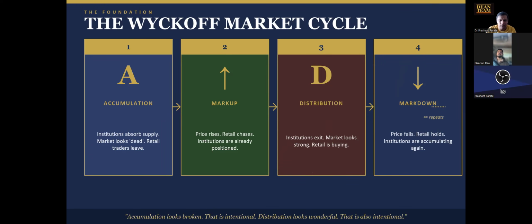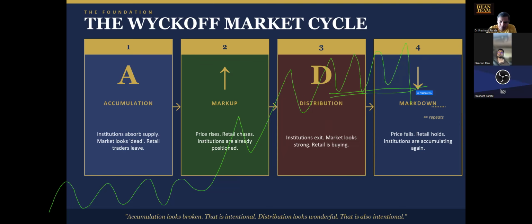Okay. So at the time of distribution, there will be very good news and climatic action where people will sell. Otherwise, another thing can happen: prices are in uptrend, markup happens, it goes up, then prices start going up slowly and the falls increase. And there will be a time when it will break down.